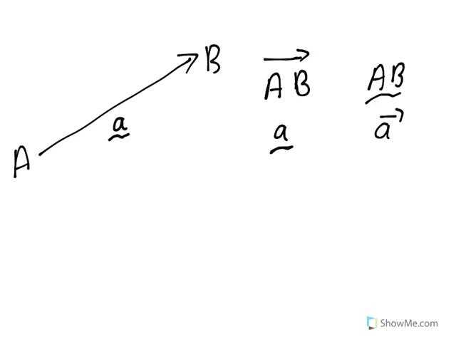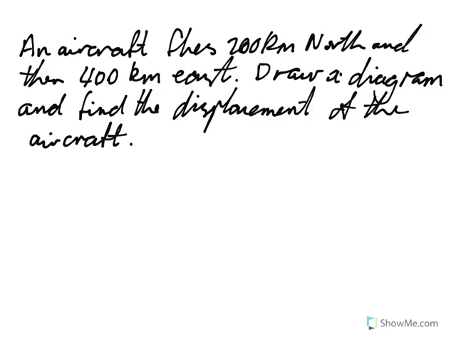Alright, so one last example. Okay, so here's an example. An aircraft flies 200 kilometres north and then 400 kilometres east. Draw a diagram and find the displacement of the aircraft. First thing we need to do is put a north, south, east, west line on there.